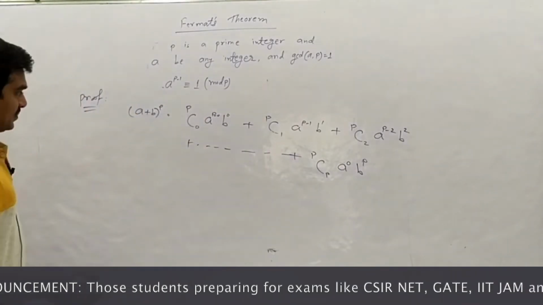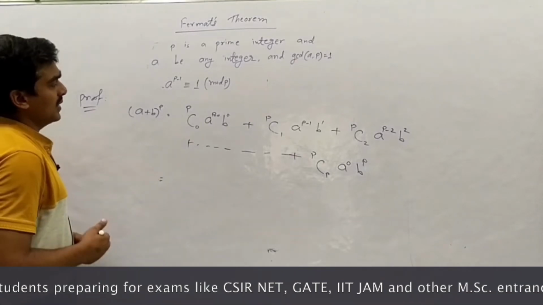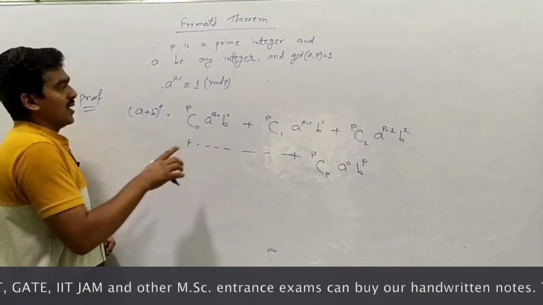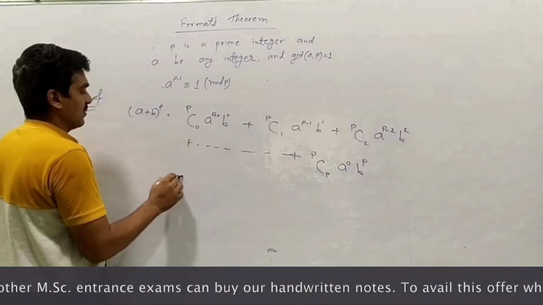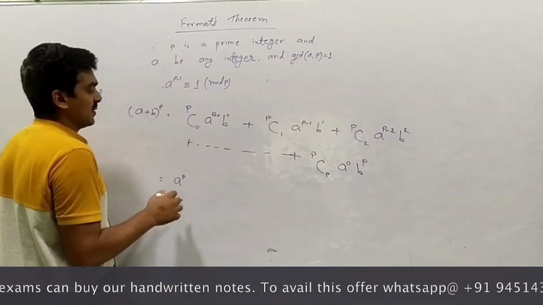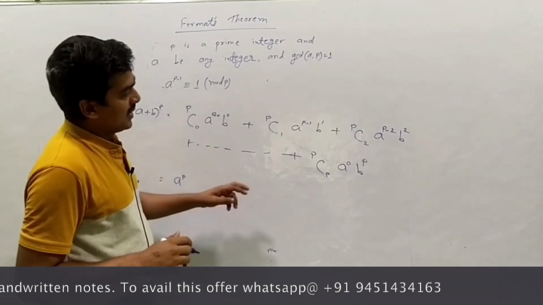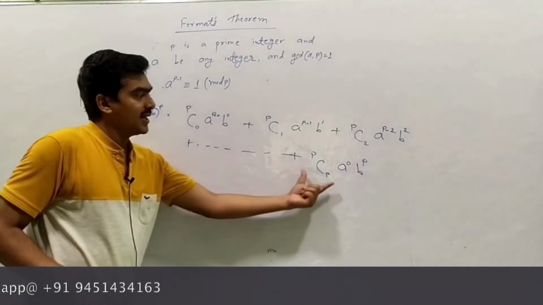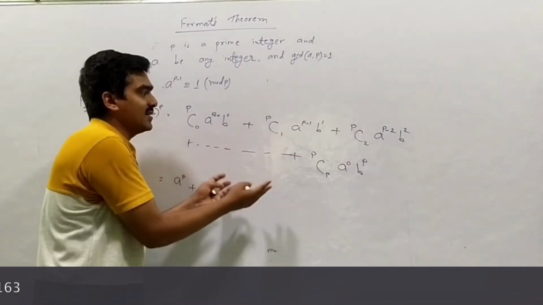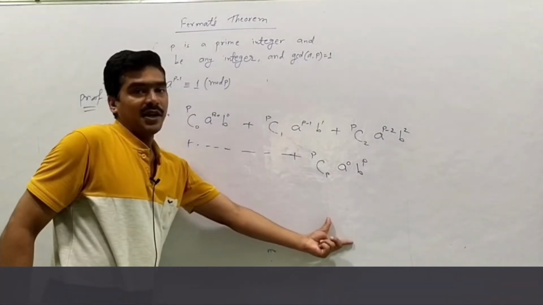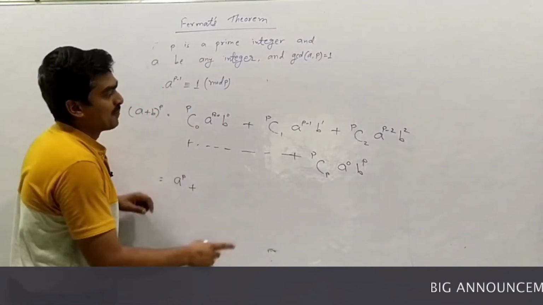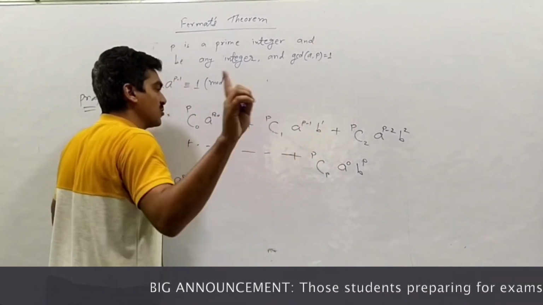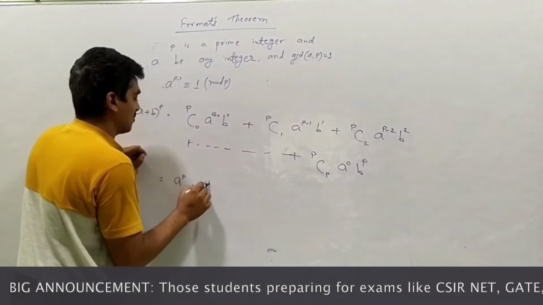Now pC0 is equal to 1, and a raised to the power p, b raised to the power 0 is also 1. We write the first term, then the last term directly, and the remaining terms after that. pCp is also 1, a raised to the power 0 is also 1, so we have b raised to the power p.